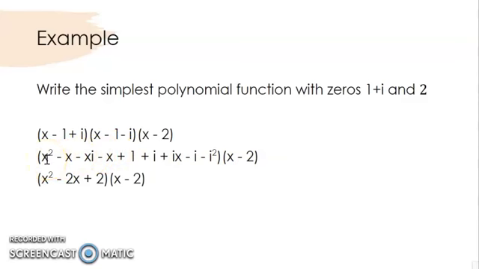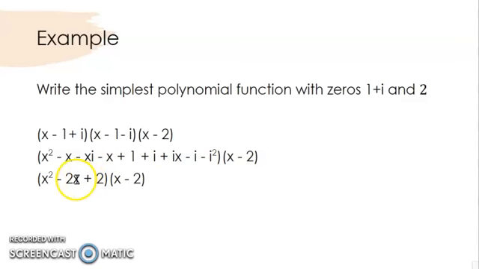Now, if you combine like terms correctly, the negative xi will cancel out with the positive ix, and the positive i will cancel out with the negative i. And this i squared turns into plus 1 because you cross out the i squared, change the sign in front. The coefficient right here is a 1, so it's really a plus 1 right here. So this is what I got when I combined them.